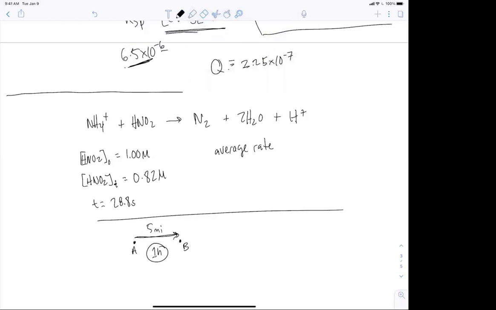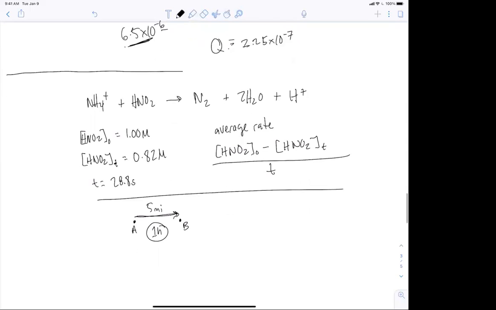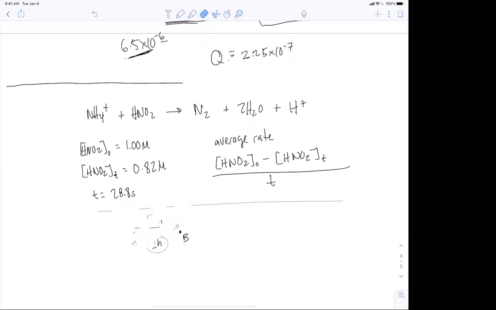But here, it's like saying, if I start out here at 1 molar and I travel to 0.82 molar, the amount of time it takes me to get there is essentially the rate of the reaction. So what you're doing is you're just calculating this. So remember, we define the rate of the reaction.